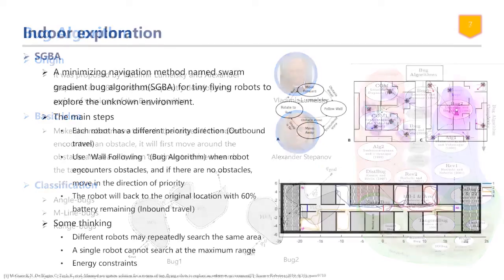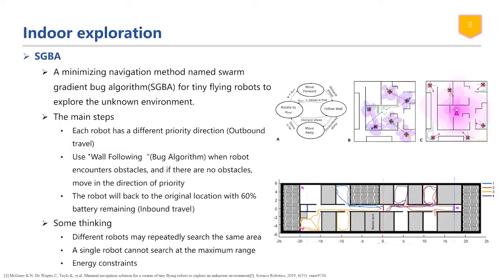For the field of indoor exploration, a minimalist navigation method named Swarm Gradient Bug Algorithm, SGBA for short, for tiny flying robots to explore the unknown environment was proposed in 2019.